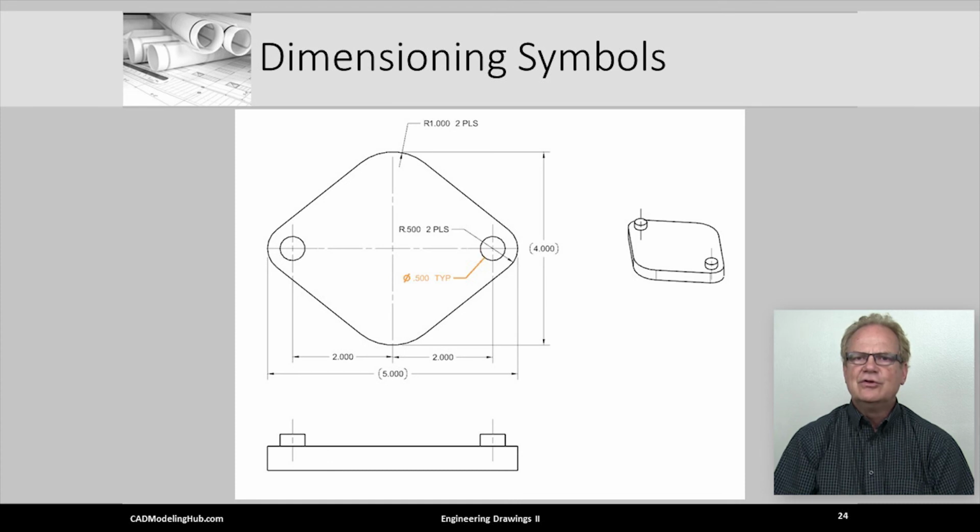Notice the use of TYP, which means typical and can be used to refer to all similar features. In this case, we have only 2, but if the other 2 corners also had bosses of this size, then TYP would refer to all 4 bosses.